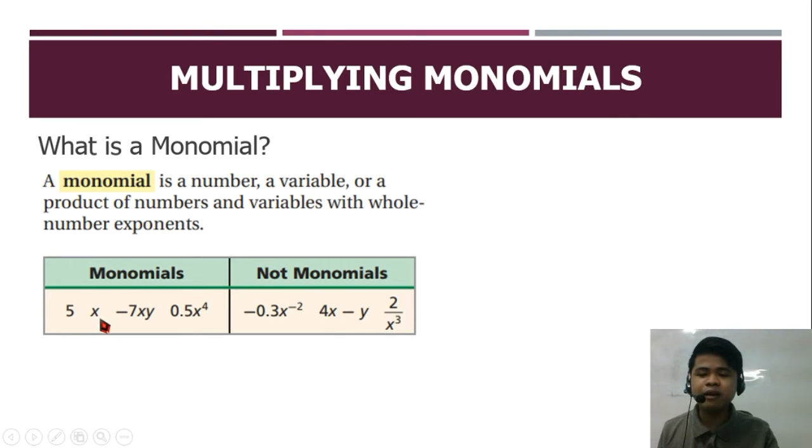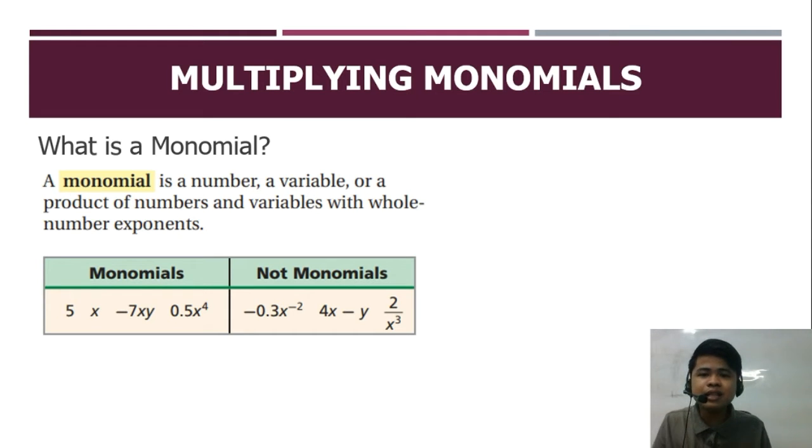The next, we have x. x is a monomial, or any variable is a monomial. The next is negative 7xy. Any combination of a variable and a constant can be considered a monomial. The next, 0.5x raised to the exponent 4, is a monomial.